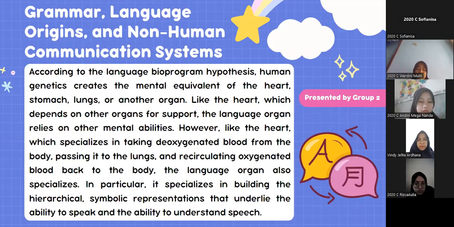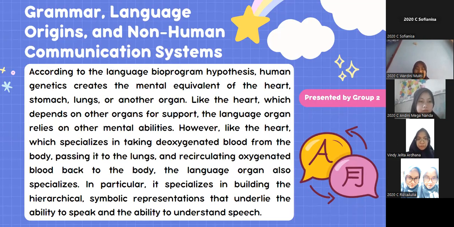According to the language bioprogram hypothesis, human genetics creates the mental equivalent of the heart, stomach, lungs, or another organ, like the heart, which depends on other organs for support. The language organ relies on other mental abilities.